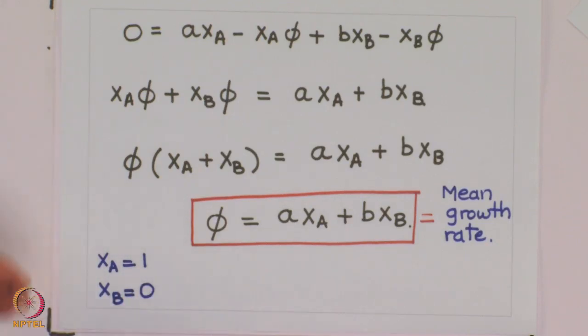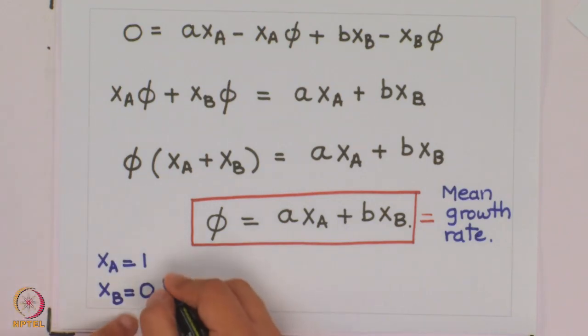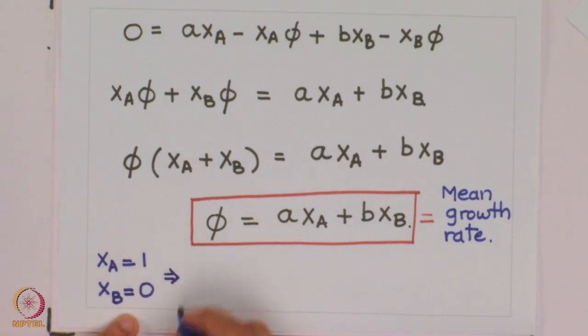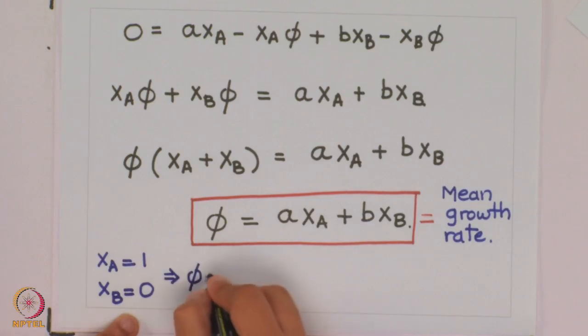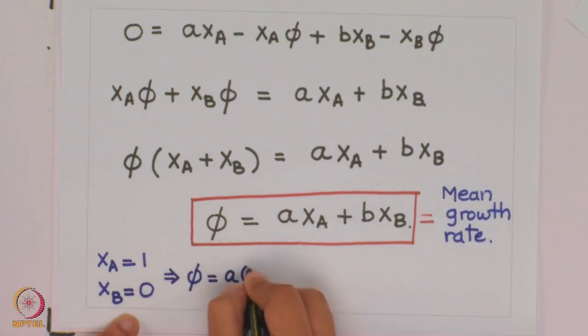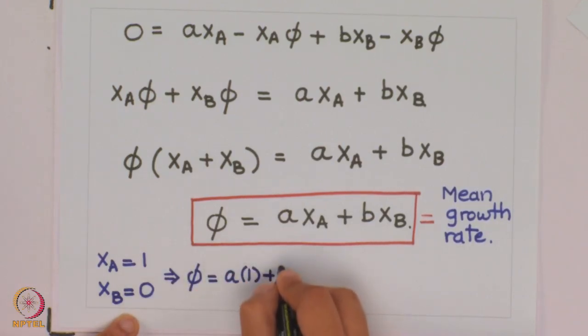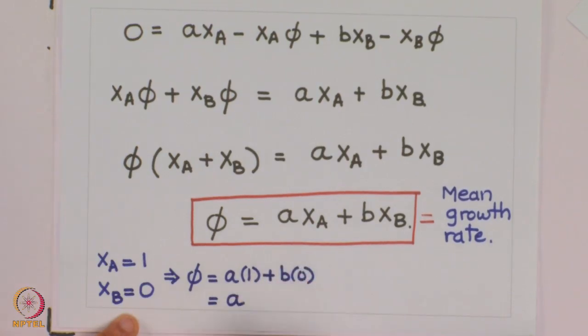That means that all individuals in the population are of type A. What that implies is that if all individuals are of type A, the average growth rate should be equal to just a, because there is no individual of type B. And what does phi give me? That gives me a times 1 plus b times 0, which is a.